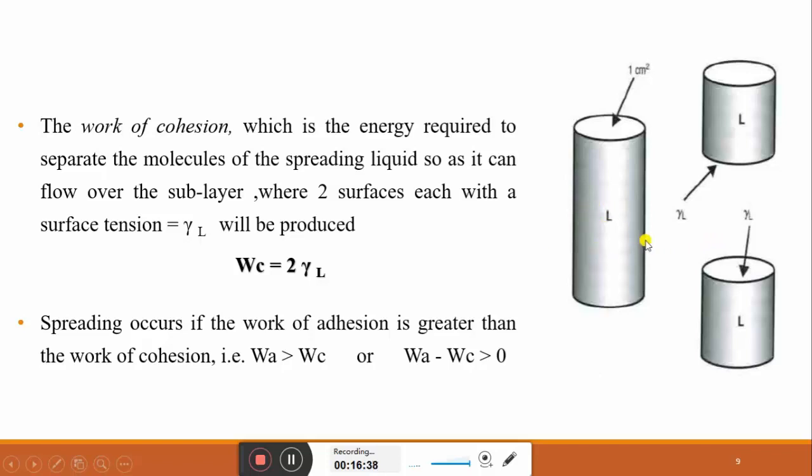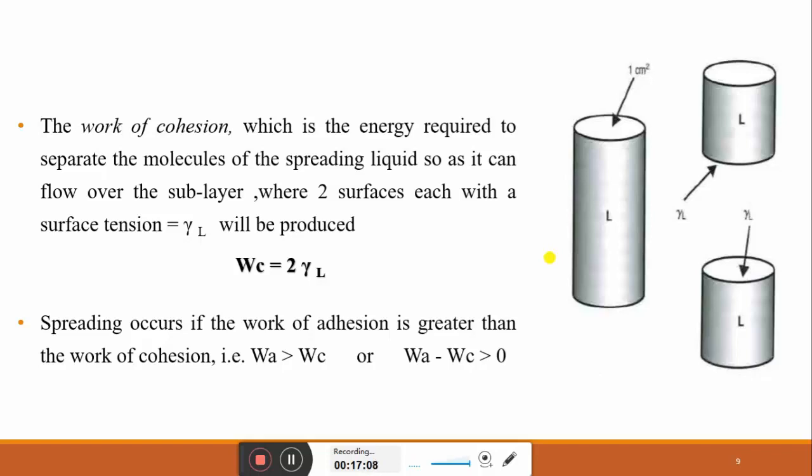If the molecules of oleic acid do not get separated, they do not produce a film over the sublayer liquid, for example water. So work of cohesion is the amount of work required to break the attractive force between oleic acid molecules so that it can spread over the surface of the water. That is called the work of cohesion.